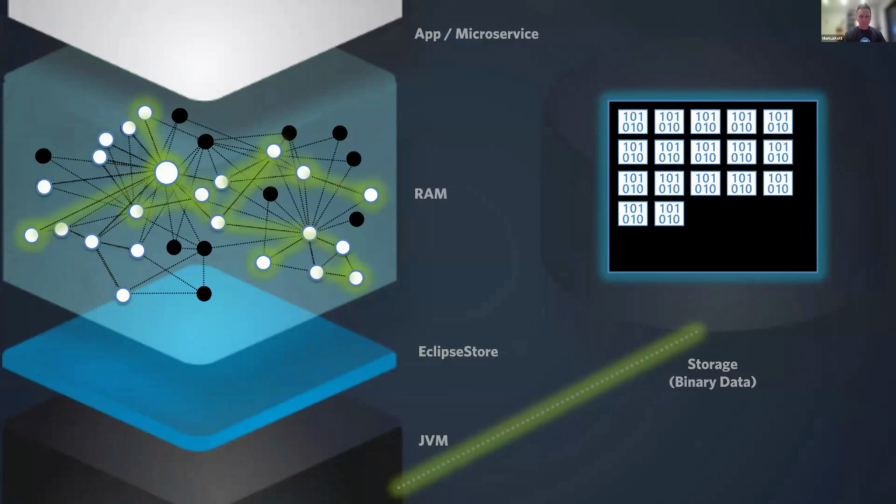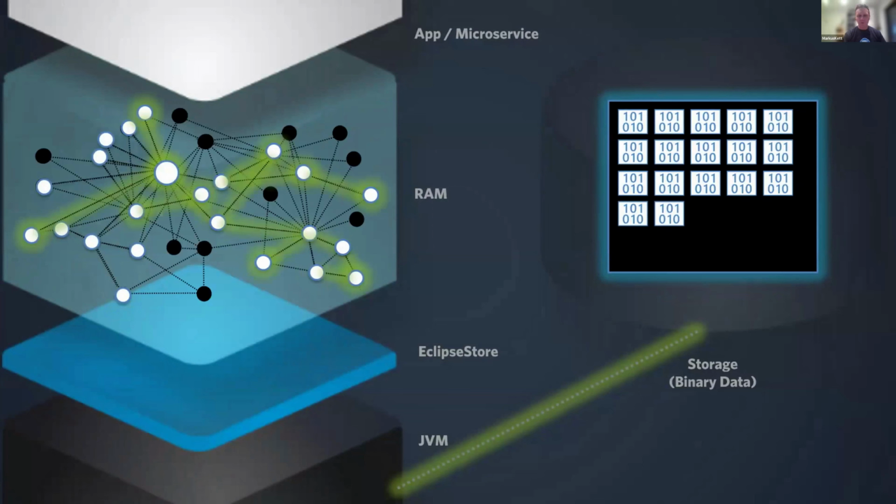So we can load more and more objects into our memory. And then the question is, what about memory management? You don't have to care for memory management. Everything is managed by the garbage collector, by the JVM. The whole memory management is provided by the JVM. But you have control of your lazy references.